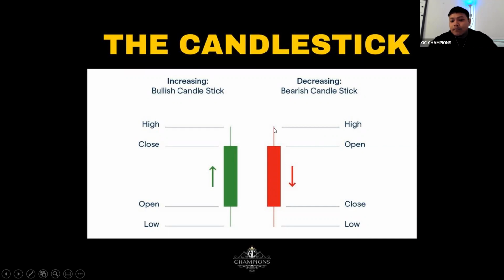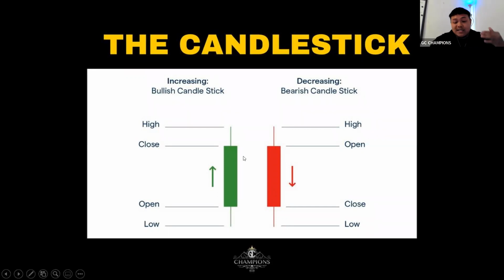Now going to the other side, the bearish candlestick. That line is called a wick. The wick on the bearish candlestick is pretty much the same as on the bullish candlestick.